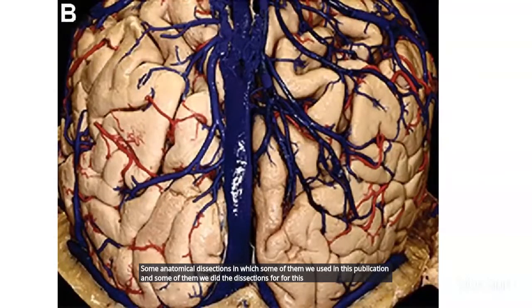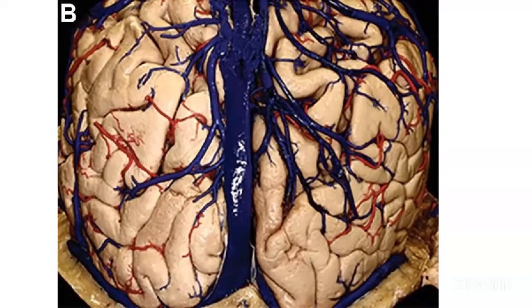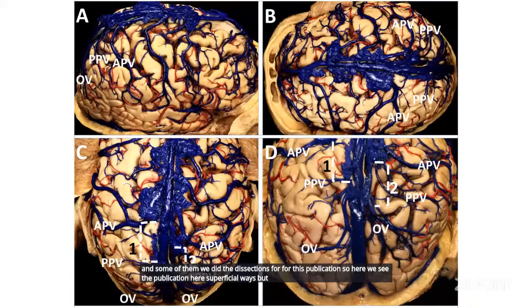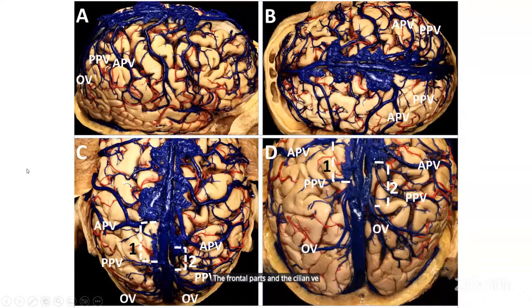So here we see the superficial veins in these particular dissections: the occipital vein, posterior parietal vein, anterior parietal vein, and other frontal parts, and the Sylvian vein. But that doesn't represent the anatomical localization of the veins.